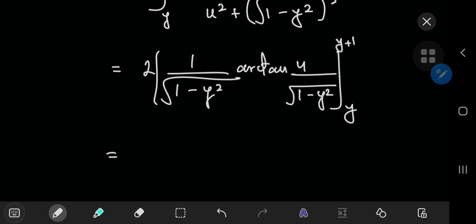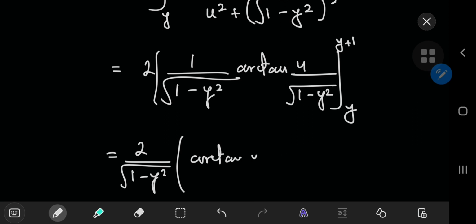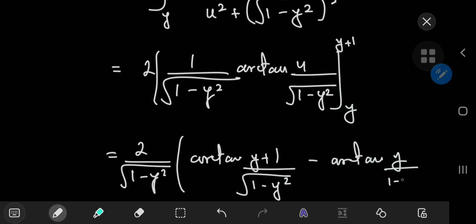So once you plug in the limits of integration, you have 2 divided by 1 minus y squared, the square root of it. This is a constant term, right? And you're left with the inverse tangent of y plus 1 divided by 1 minus y squared minus the inverse tangent of y divided by 1 minus y squared.